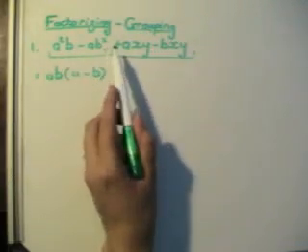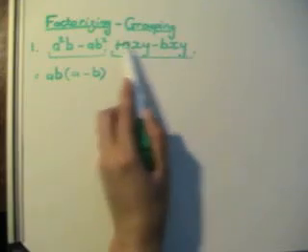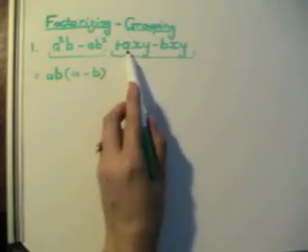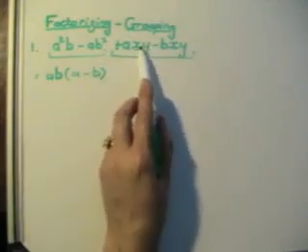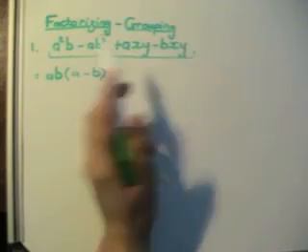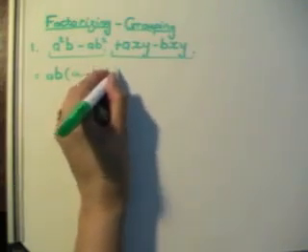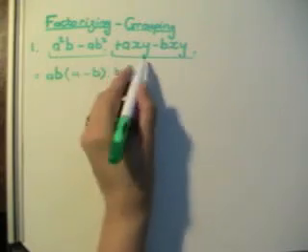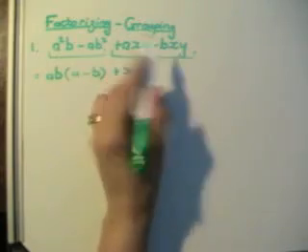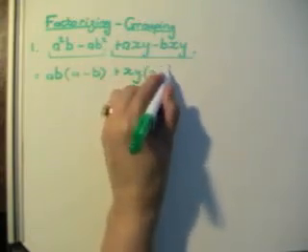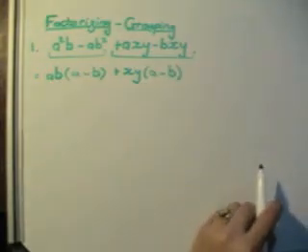And then in these 2 terms I can take out xy as a common factor. And then I'm left with a minus b in the brackets.